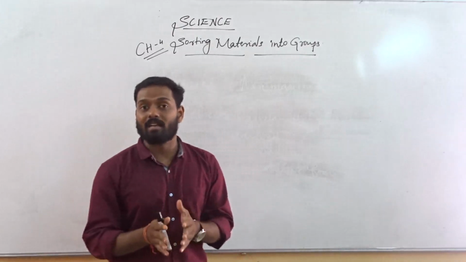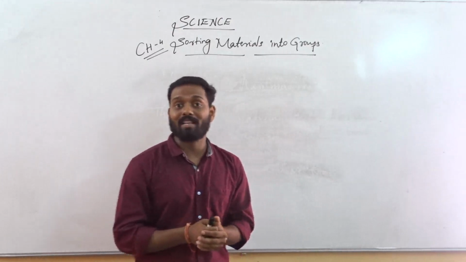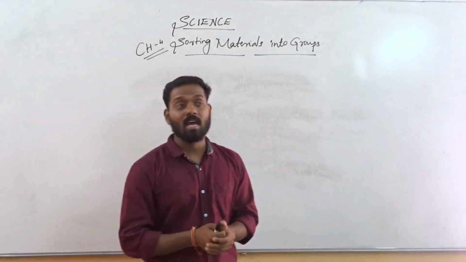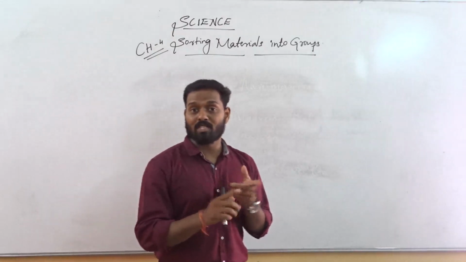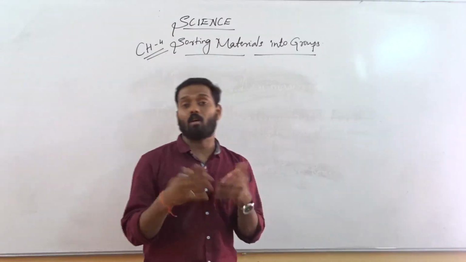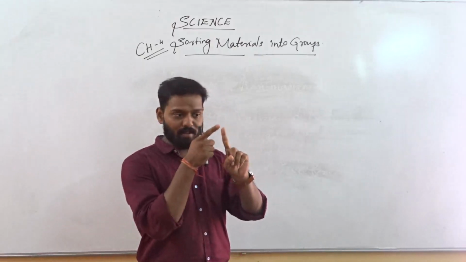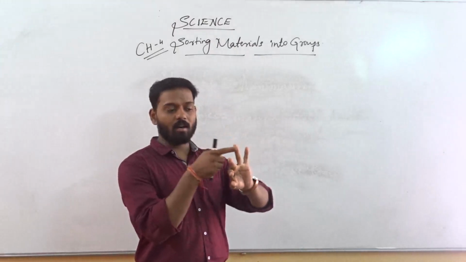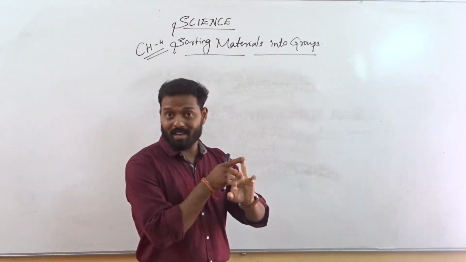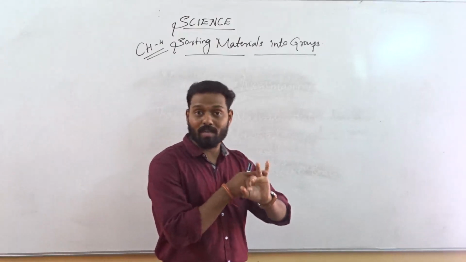Then we looked at the texture of the material, smooth and rough. Then lustrous and non-lustrous, meaning certain objects are lustrous and certain are non-lustrous. So first one is smooth and rough, second is soft and hard, third is lustrous and non-lustrous, and fourth is luminous and non-luminous.